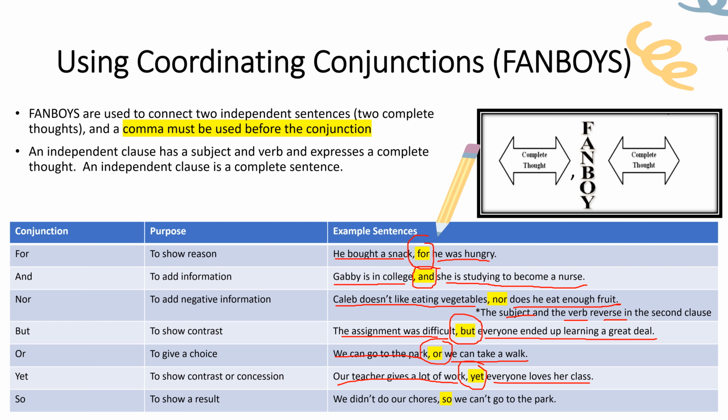Joined by the comma conjunction. We didn't do our chores. We can't go to the park. Joined by the comma conjunction. And each of the purposes is served correctly in the sentence. So you have to be able to choose the correct conjunction to fit into the sentence.